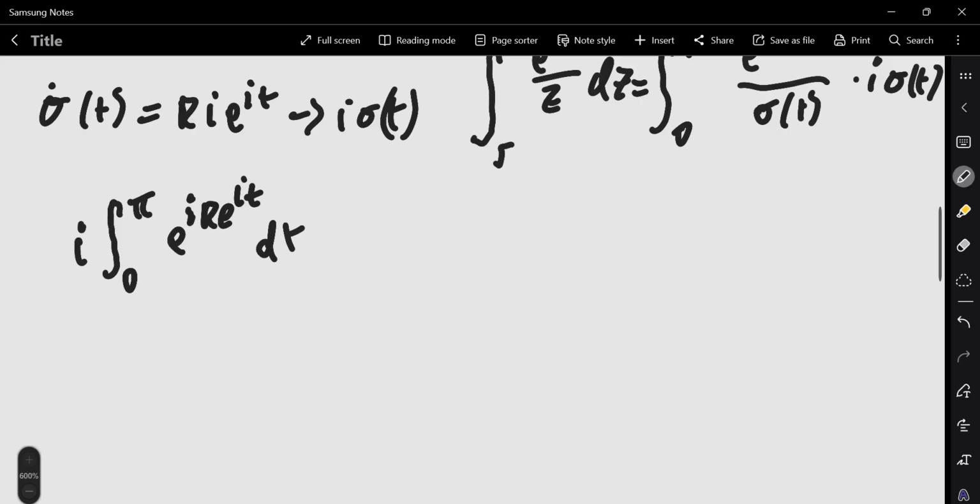And as r goes to infinity, the integral of e to the minus r sine t goes to 0, and e to the i r cos t goes to 1. So effectively, the integral over gamma of the function is going to be 0. So it all collapses to 0 and becomes irrelevant.